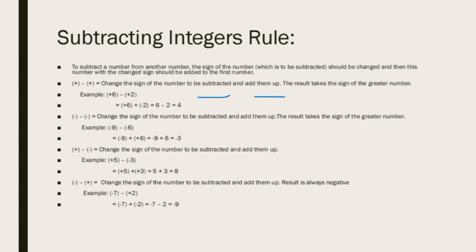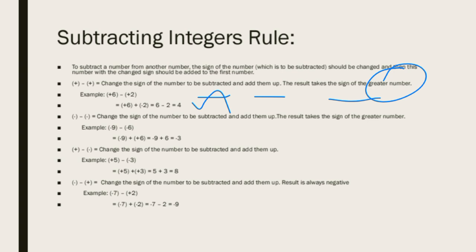The result takes the sign of the greater number. For example, plus 6 minus plus 2 we get plus 6 plus minus 2, which is equal to 6 minus 2, which is equal to 4.